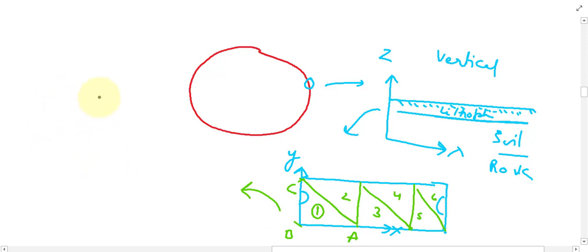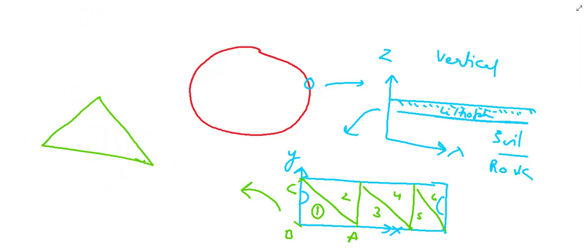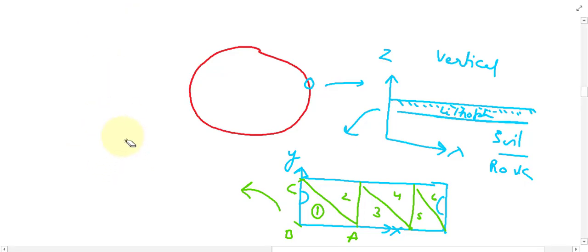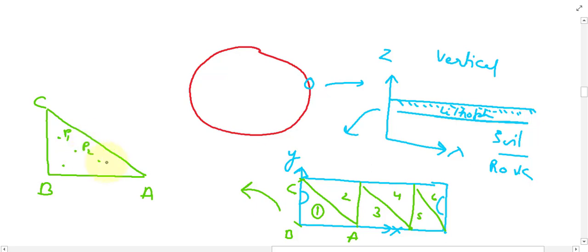So the triangle ABC. Suppose these are points P1, P2, P3 and P4.